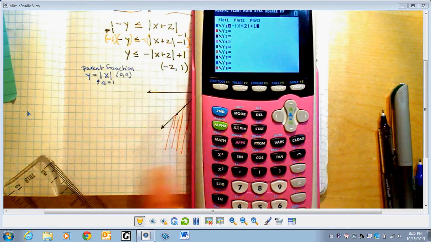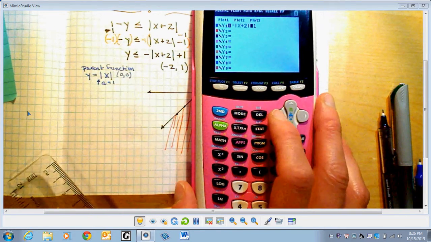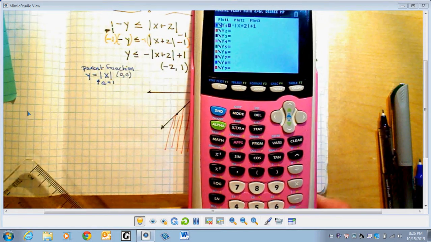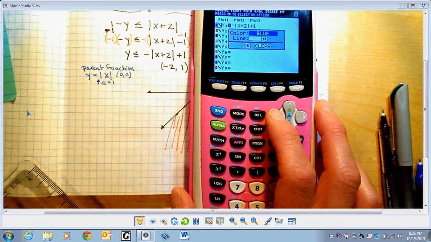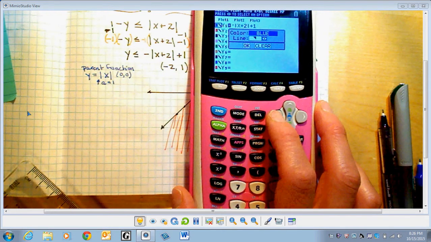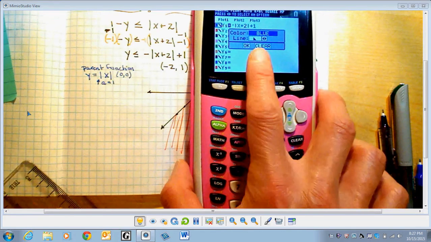Okay, so what am I looking for? I'm looking for y less than. So I'm going to go back over to that section where that little bar is. I'm going to go in there. I'm going to go down here, and I'm going to make it so that it's less than. That's on the bottom, so that has to be less than. Oops, sorry. That's on the top, so that has to be more than or greater than. So I want the less than, the one on the bottom.